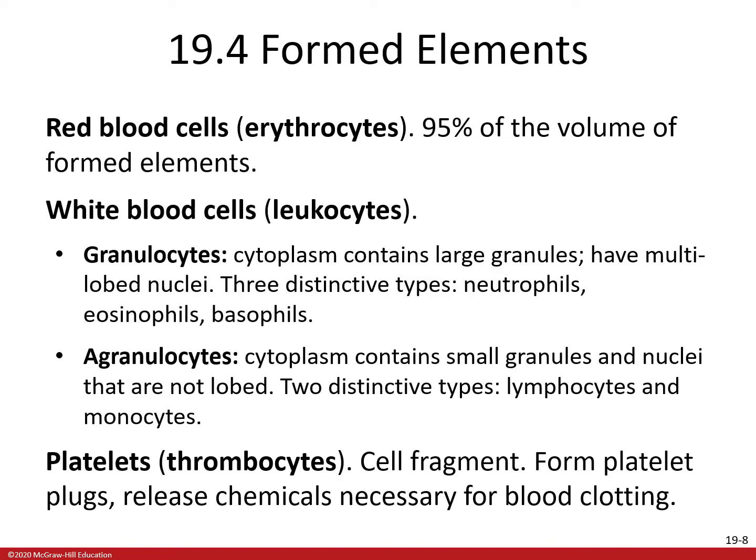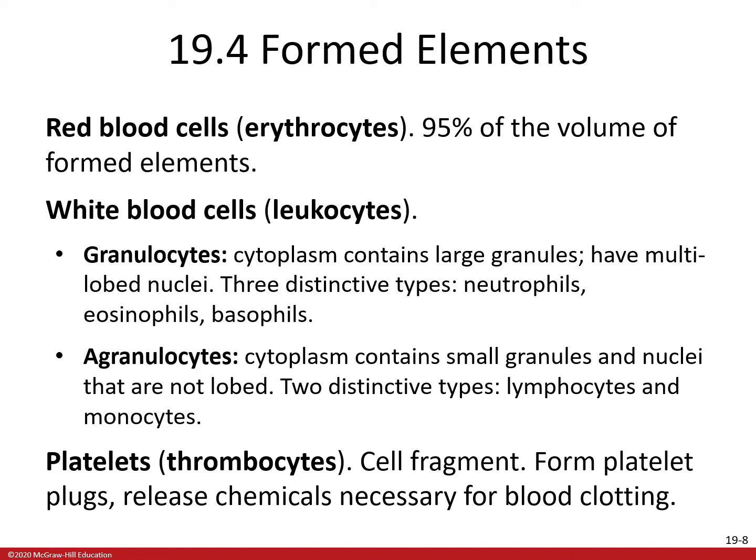Next, we are moving on to our formed elements. Formed elements are going to include red blood cells, white blood cells, and platelets. So we are going to go over each in a little bit more detail. Just know that red blood cells are going to be 95% of the volume of formed elements, and the other 5% is going to be a mixture of white blood cells and platelets.